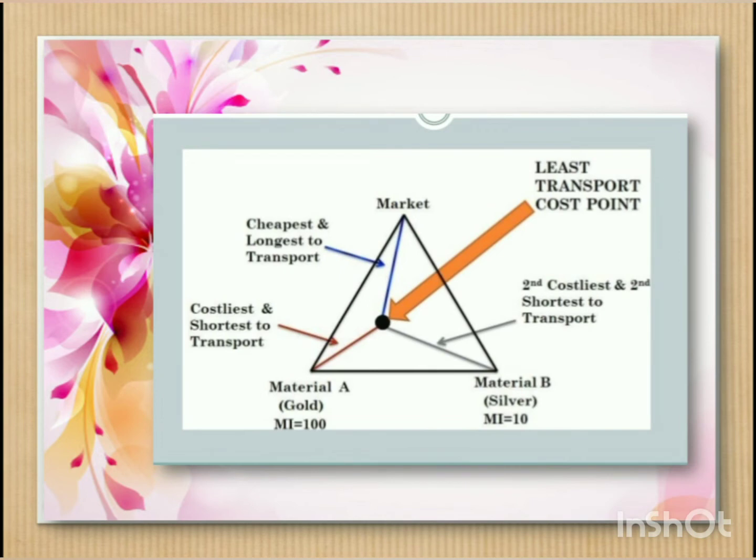If the pull of any one corner is greater than the sum of the pulls of the other corners, production will be located at the point or corner of origin of the dominant force. Here we can see that the least transportation cost point is raw material A oriented, because the pull of raw material A corner is greater than the sum of the pulls of other corners.